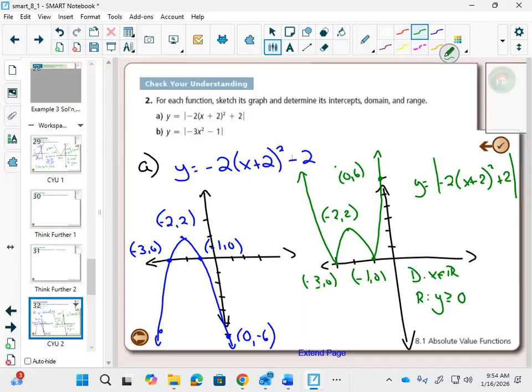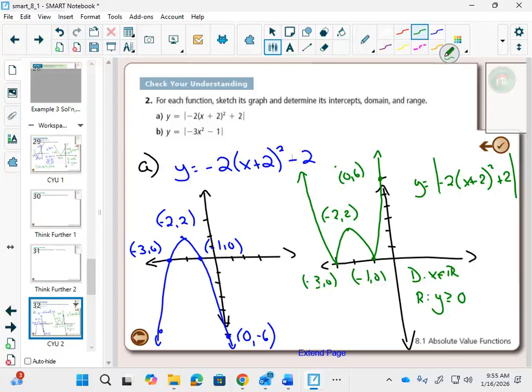And they have to do the absolute value of all of them. But it's the same idea. Whatever is below the x-axis just gets reflected up and over because you're making all of those y values that were negative into positive ones.